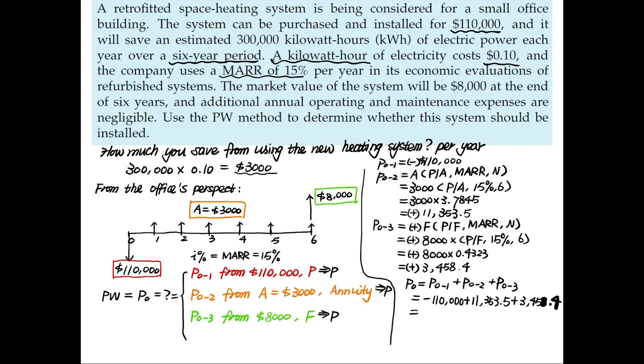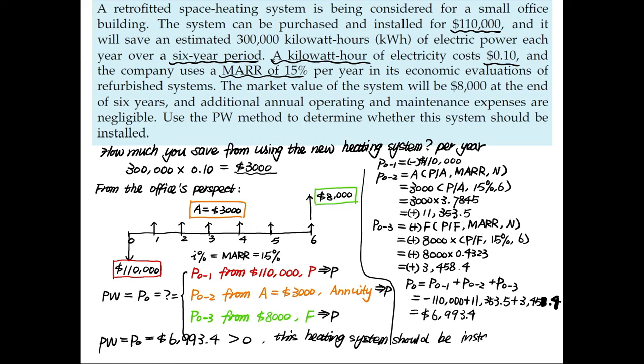And the final result is the PW, P0, is bigger than 0, which means this heating system should be installed. So you accept this proposal.